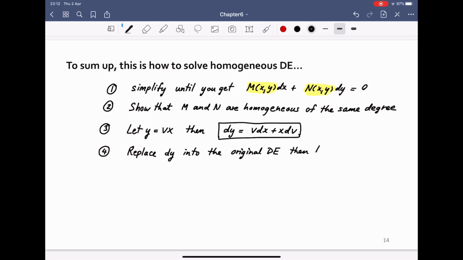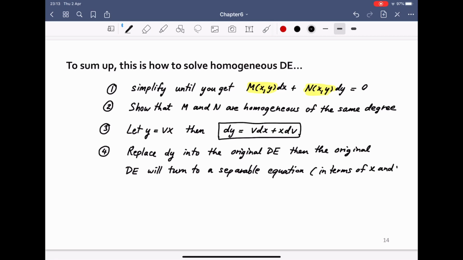Then the original differential equation will turn into a separable equation, a separable equation in terms of x and v.